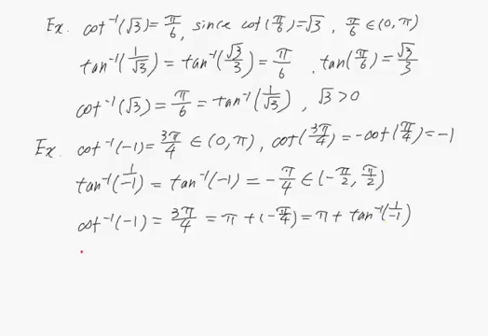Okay, so you have the inverse cotangent of -1 equal to pi plus inverse tangent of 1 over -1. Actually, right now I have seen two examples in which we have x bigger than 0 and x less than 0. Here this -1 is less than 0, right?